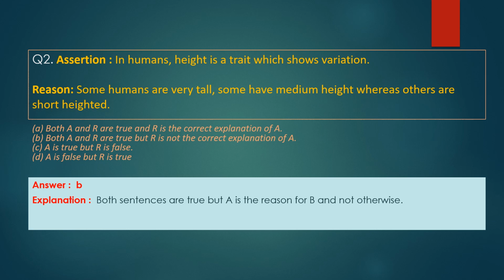No. In fact, it's the other way around. Height is a trait which shows variation. That is why some people are tall, some are medium, and some are short. So hence, the reason given here is not the correct explanation for the assertion. Your answer thus will be B. Both the statements are true, but R is not the correct explanation of A.